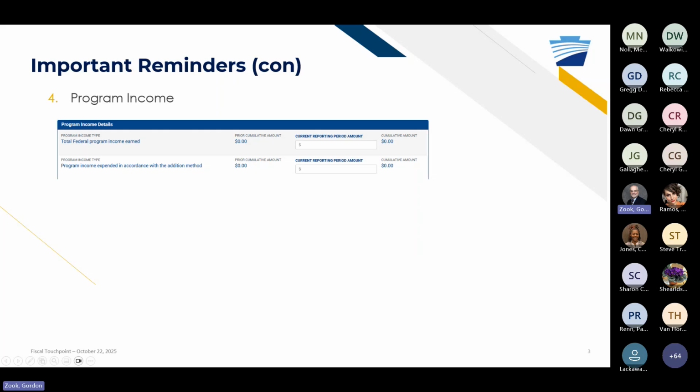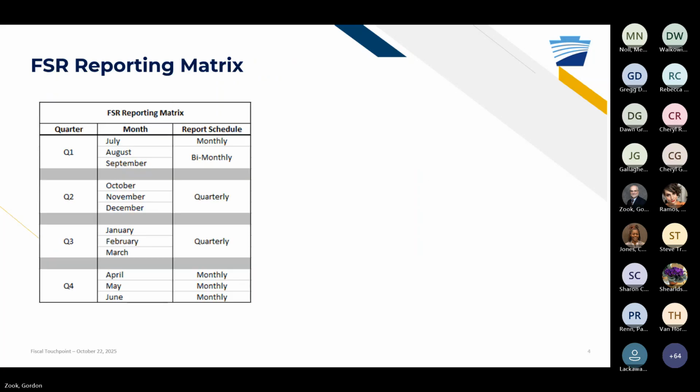Okay, and then the FMG has a reporting matrix for when FSRs are required. This is the reporting matrix for WIOA funds. You're required to submit an FSR in July, April, May, and June. Those are monthly FSRs.